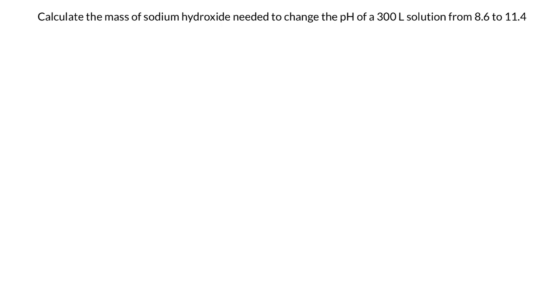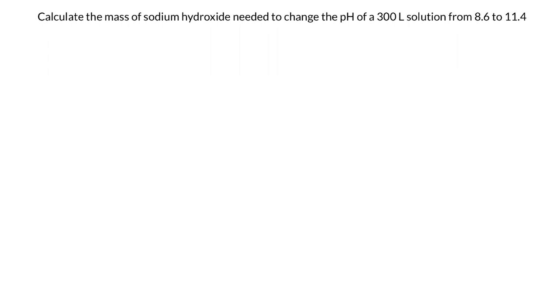So we've got a pH, we've got a 300 milliliter solution. It's initially at pH 8.6, which is basic, and we want it to go to 11.4, which is even more basic, so we need to add some sodium hydroxide. So first of all, we would need to work out how many hydroxide ions are already present, because remember, it's at 8.6, it's already got hydroxide ions present. So let's work out how many hydroxide ions are present when it's at pH 8.6.